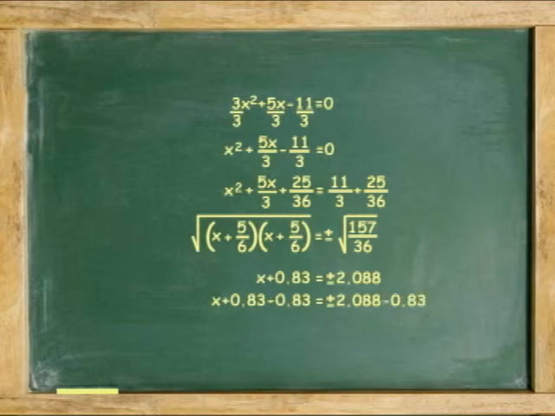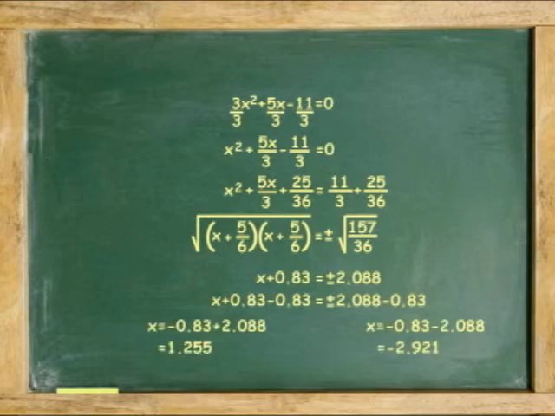Subtract 0.83 from both sides to move 0.83 to the right. X has two values, negative 0.83 plus 2.088 and negative 0.83 minus 2.088, or x equals 1.255, x equals negative 2.921.